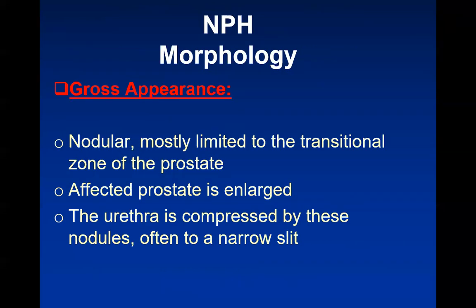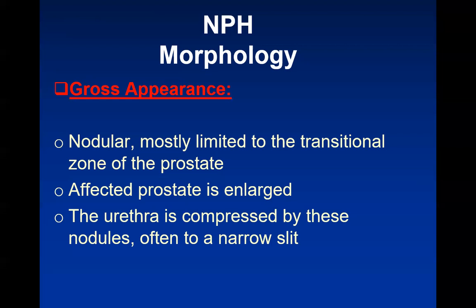Now, if you look at the prostate that is affected with NPH, you will see that it is formed by many nodules, large and small, and the prostate in general is enlarged. The prostate normally is about 3 by 2 by 1.8 centimeters, in three dimensions: width, thickness, and length.